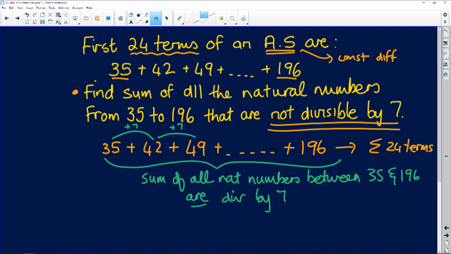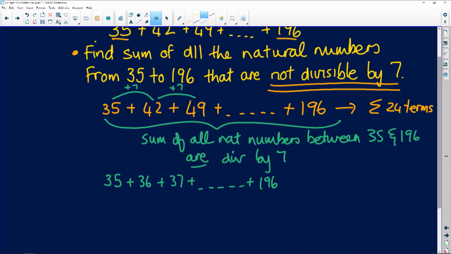So if we remove the ones that are divisible from another sequence, then it leaves the numbers that are not divisible. So the second sequence we've got to look at is the sequence that says 35 plus 36 plus 37, and that will continue up to 196.